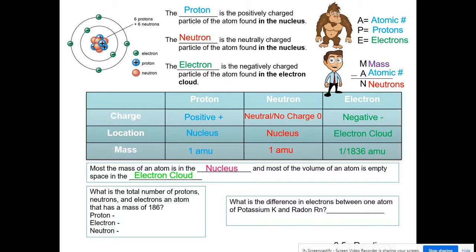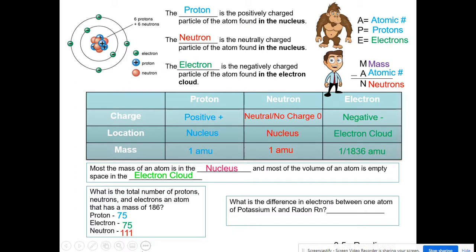For an atom that has a mass of 186, the number of protons is 75. The number of electrons is also 75, and the number of neutrons is 111.